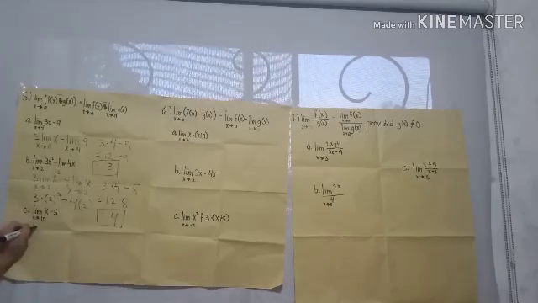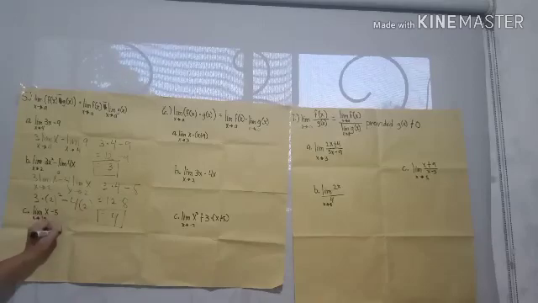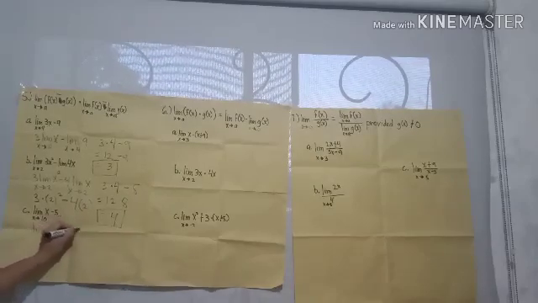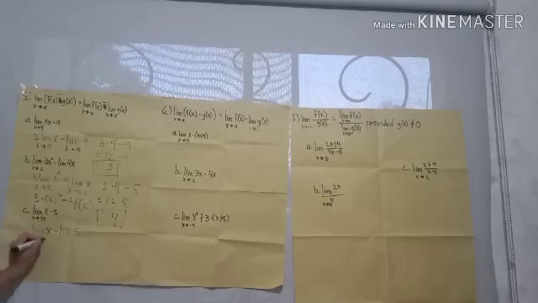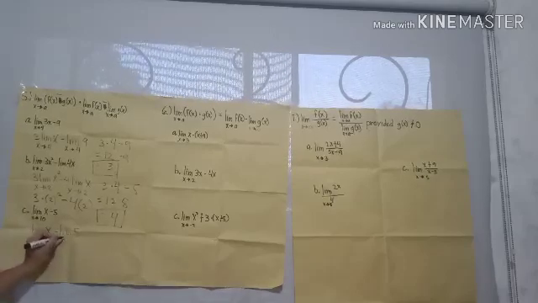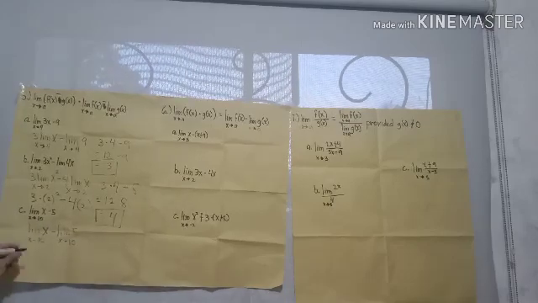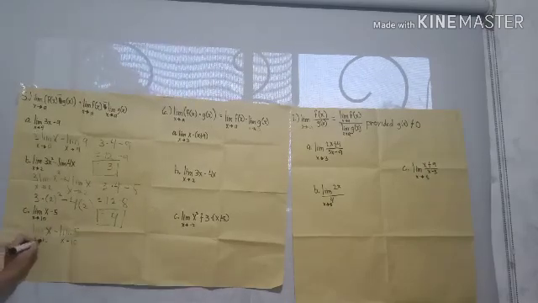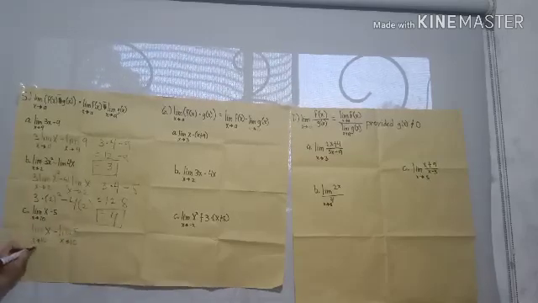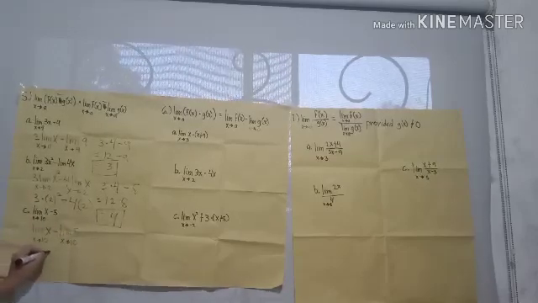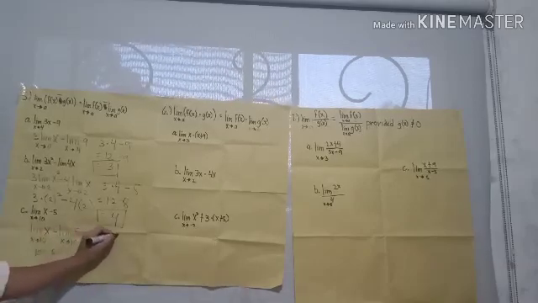So limit x minus limit 5 as x approaches 10. Solve by substituting the value of x, which is 10 minus 5, and the answer is 5.